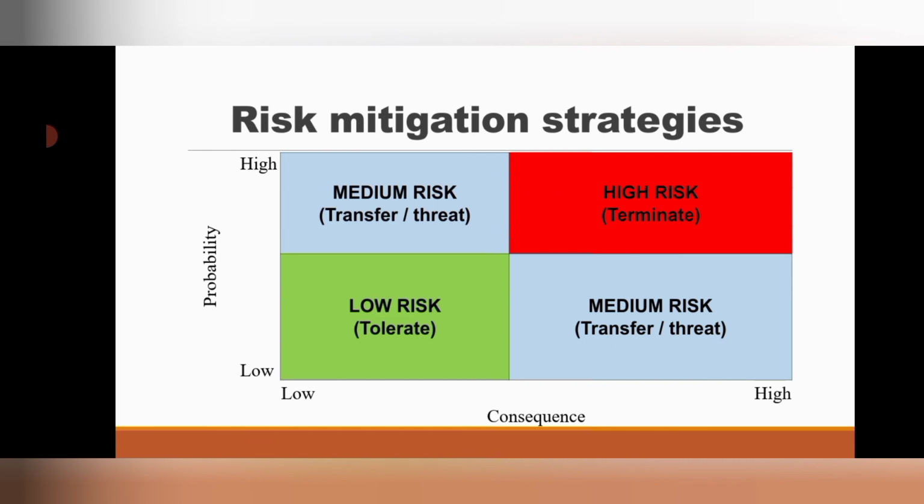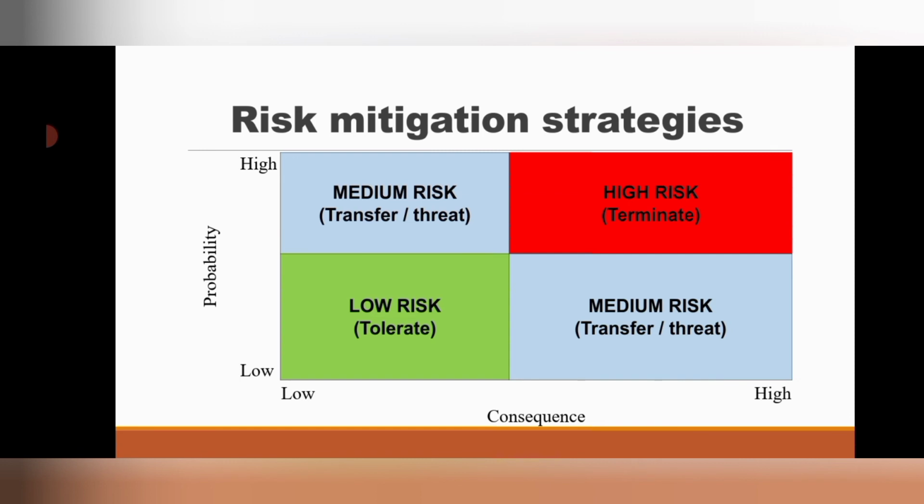But if the probability is high and the consequence is low, it's a medium risk, and you can decide to transfer the risk or treat the risk. The same applies to the situation where the chances of occurring are low but the consequence is high.